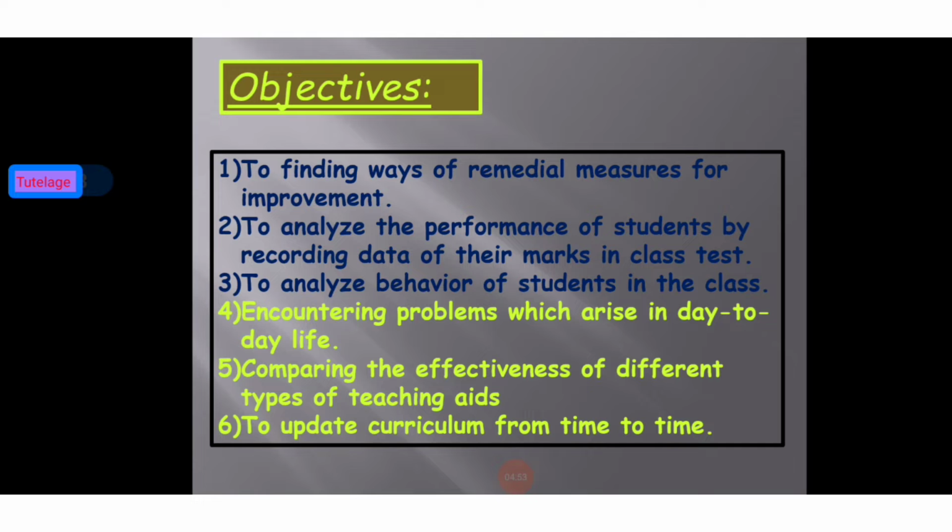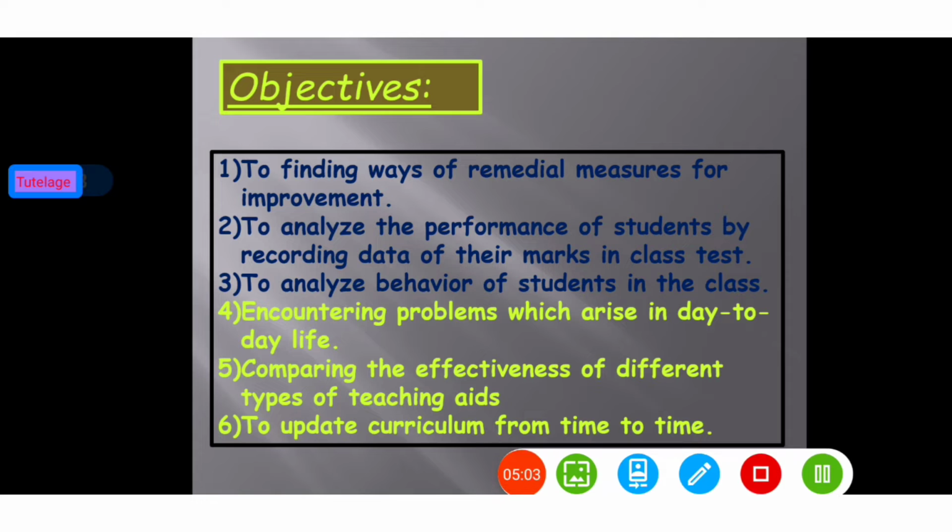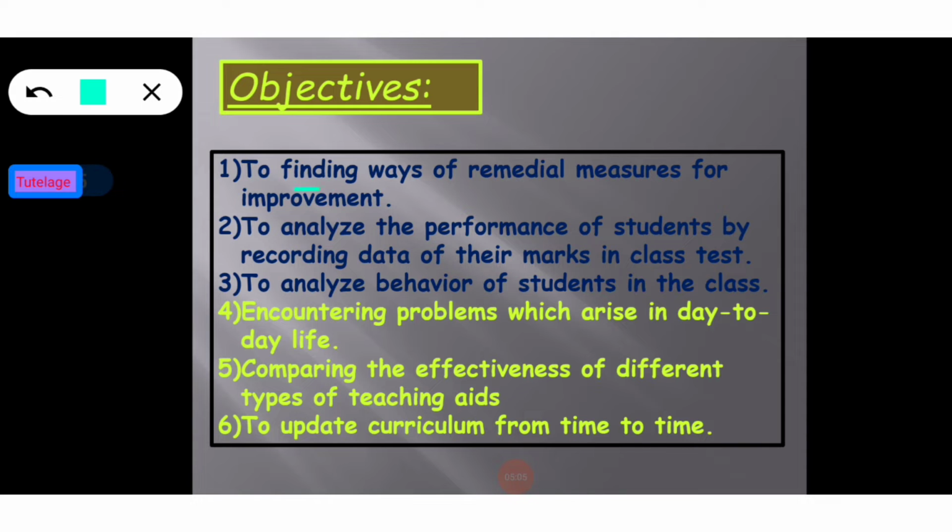So the research activity of a teacher or any other key position holder in a teaching institute usually aims at the following. The first one is that it helps in finding ways of remedial measures for improvement of the process and the procedure.